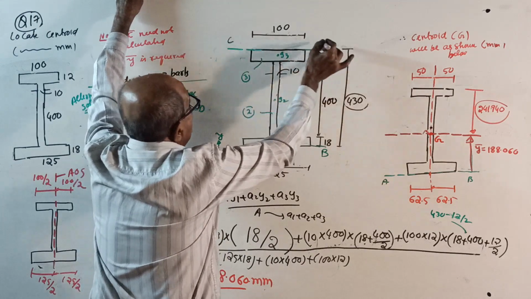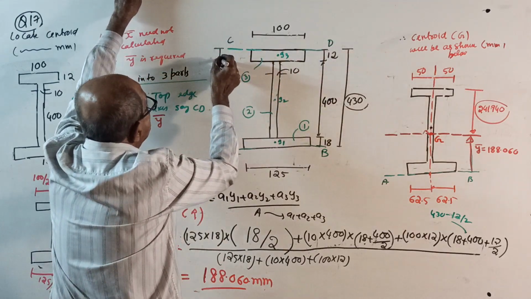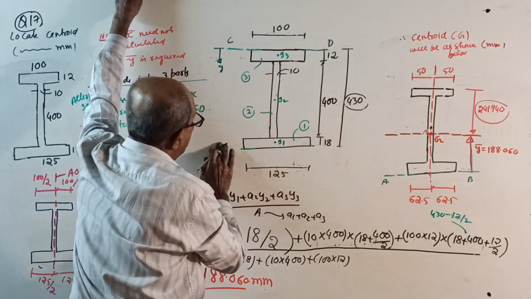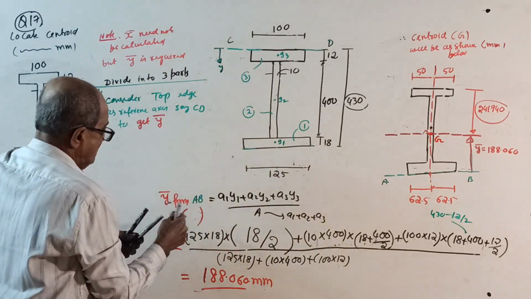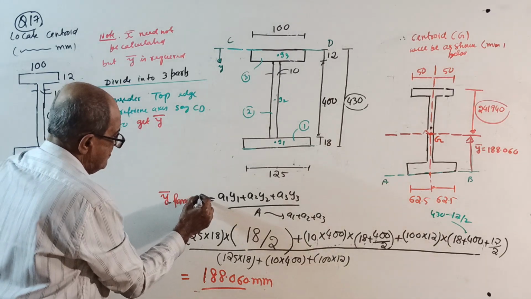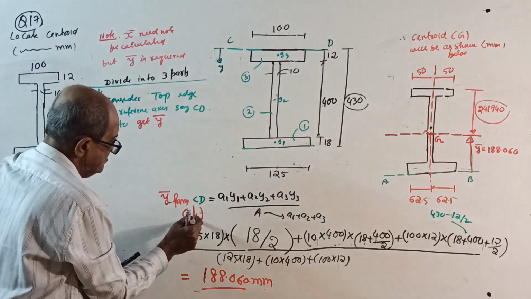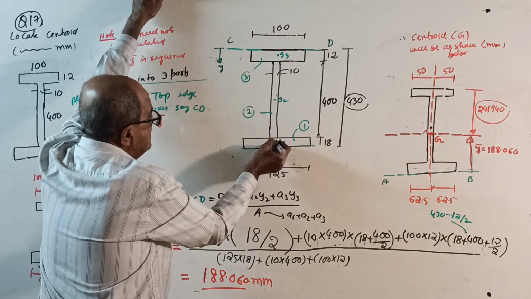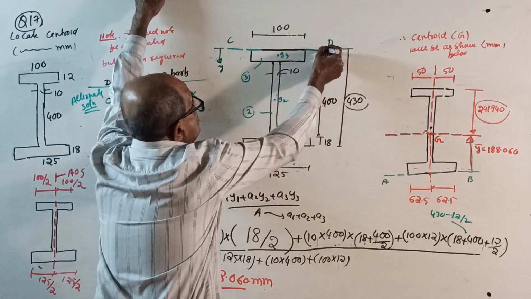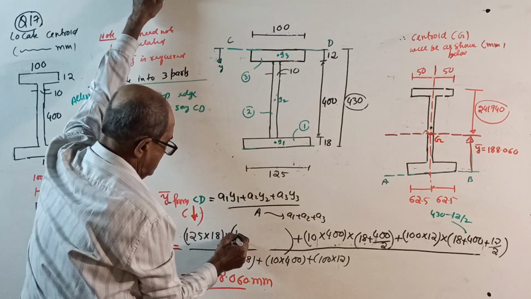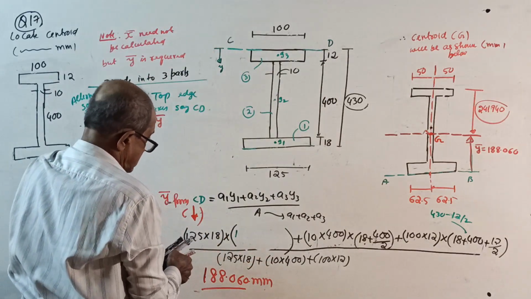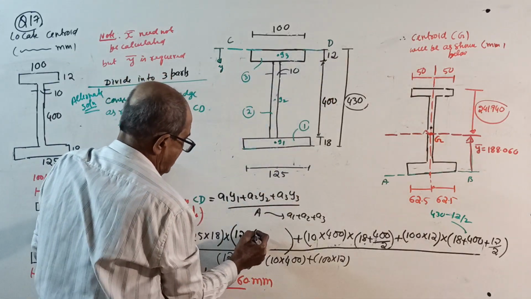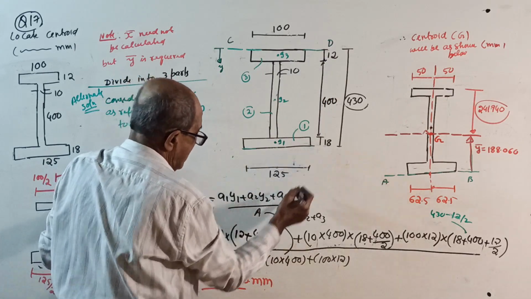Last time, remember, I wrote CD here. Now y is like this. If I forgot to remove this one, you make correction there. Okay, y this way. Now your y bar will be from CD, downside. A1: 125 into 18 into its centroid from the top edge, 12 plus 400 plus 18 by 2.